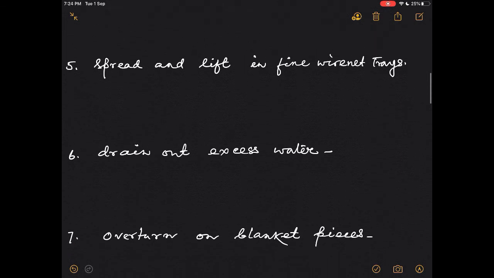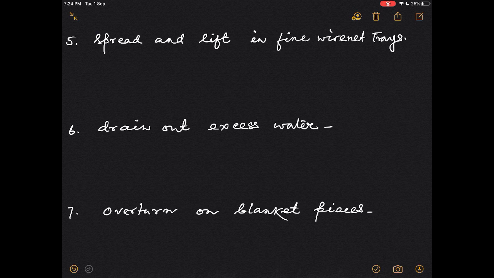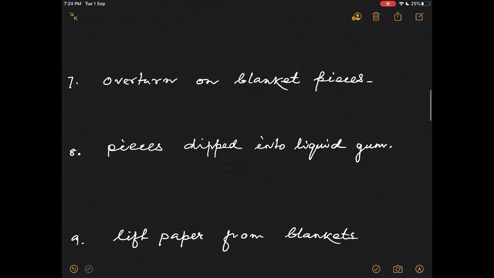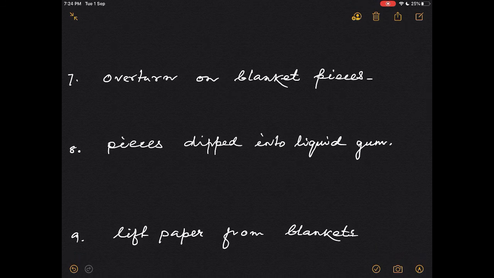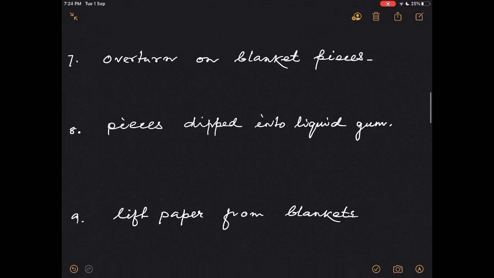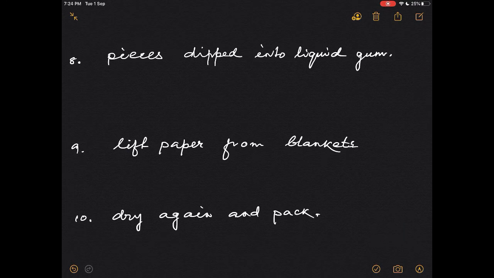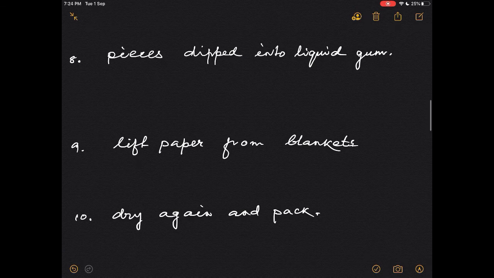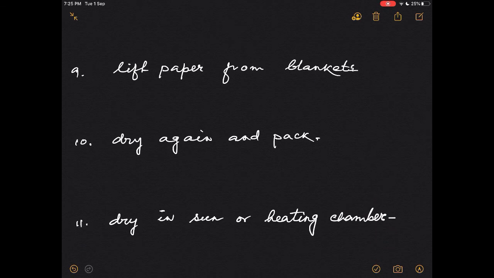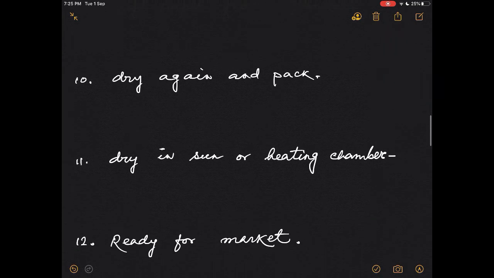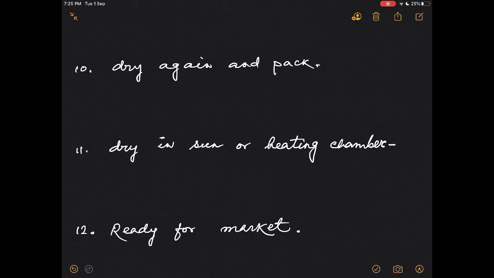Number 7, overturn on blanket pieces. Number 8, pieces dipped into liquid gum. Number 9, lift paper from blankets. Number 10, dry again and pack. Number 11, dry in sun and heating chamber. And number 12, ready for market.